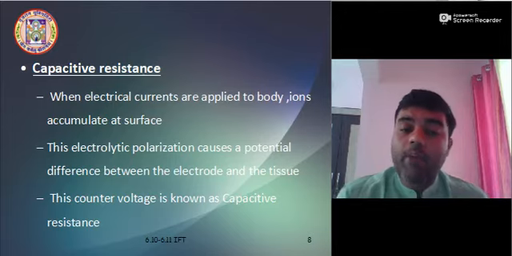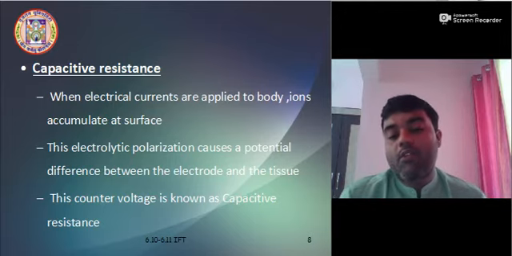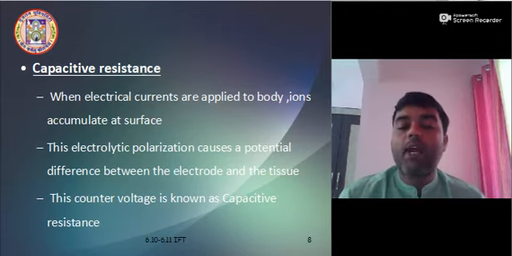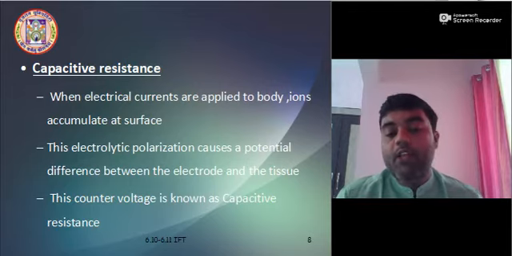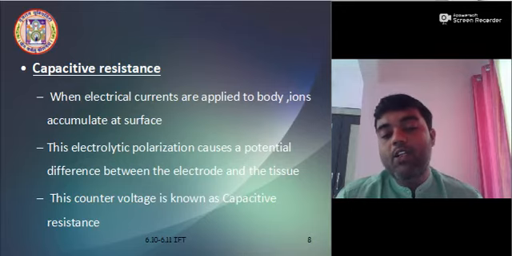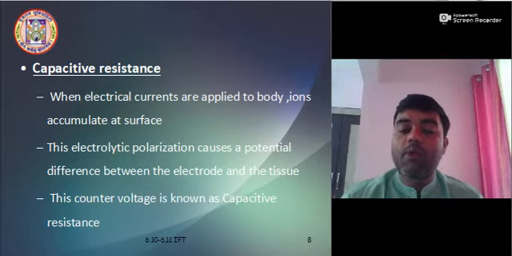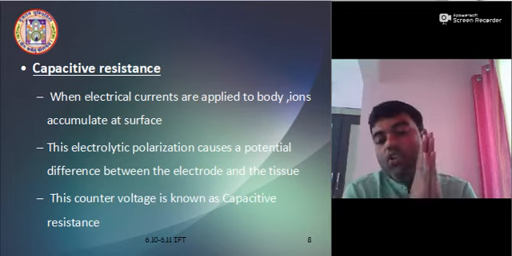Now, time for the topic capacitive resistance. When electrical current is applied to the body, ions accumulate at a surface. This electrolytic polarization causes a potential difference between the electrode and the tissue.